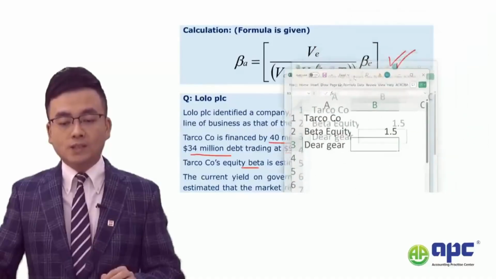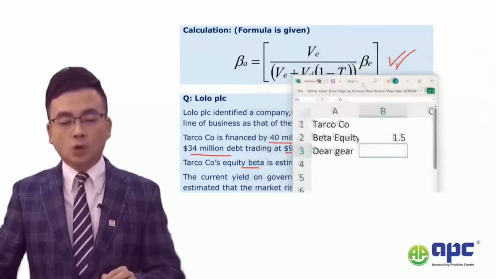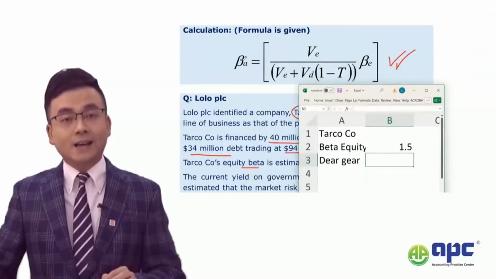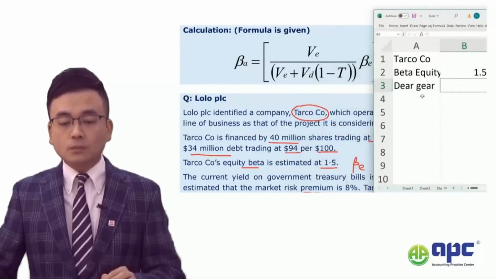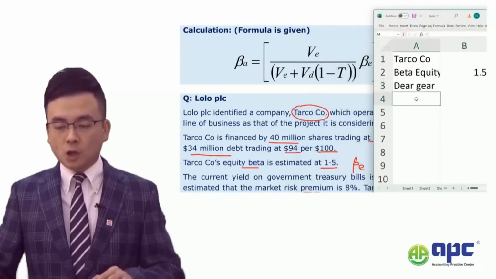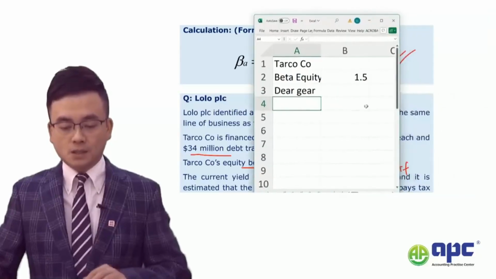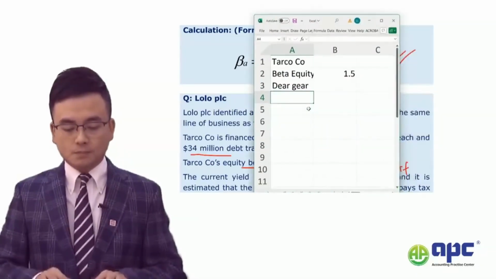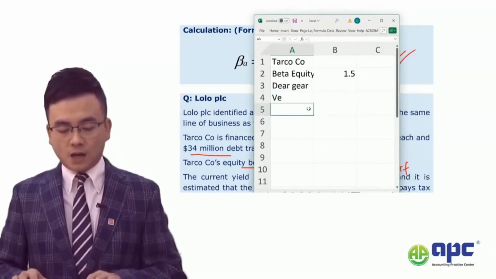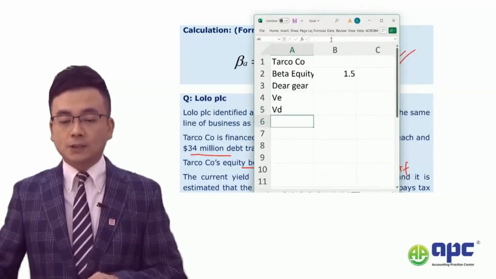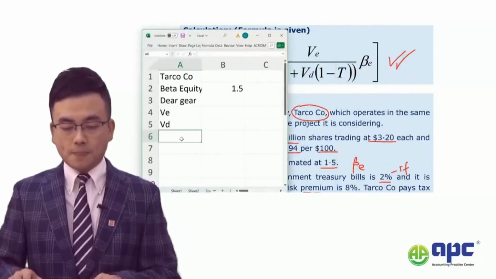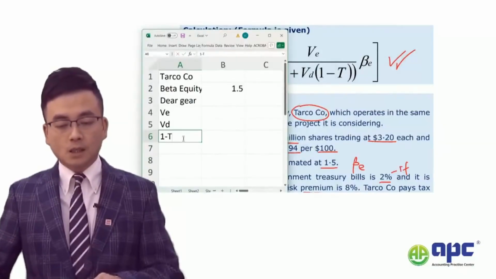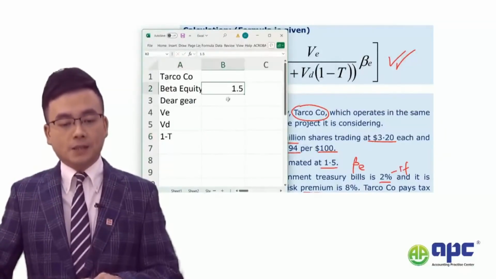Now, the way we do it is we slot in that formula to get that asset beta, but the best way is to slot in the variables. For example, we've got the value of equity, the value of debt, 1 minus the tax rate, and also the equity beta here.